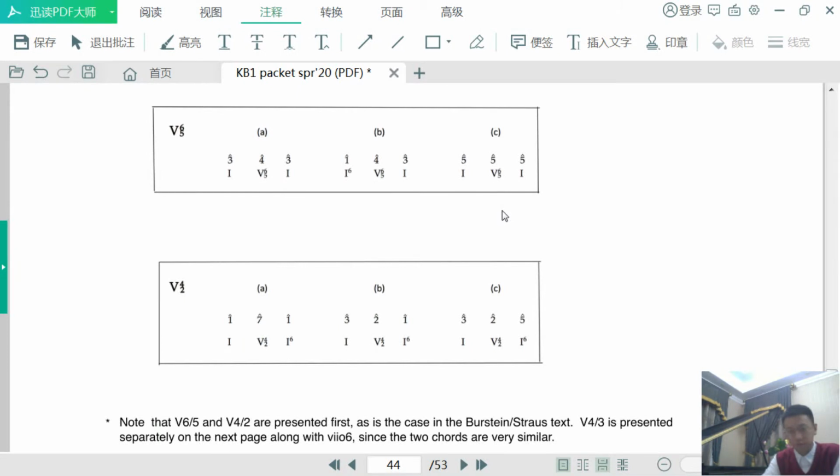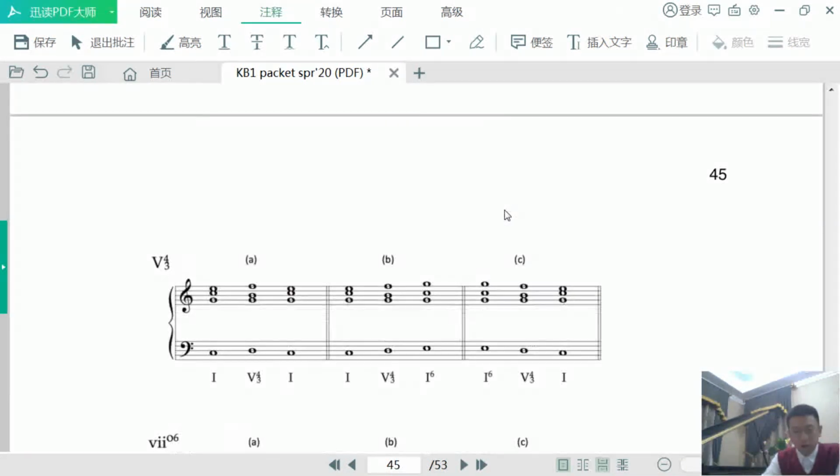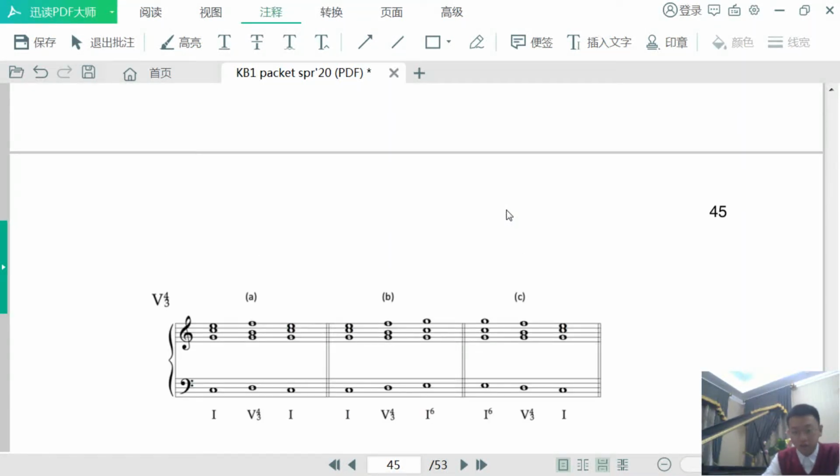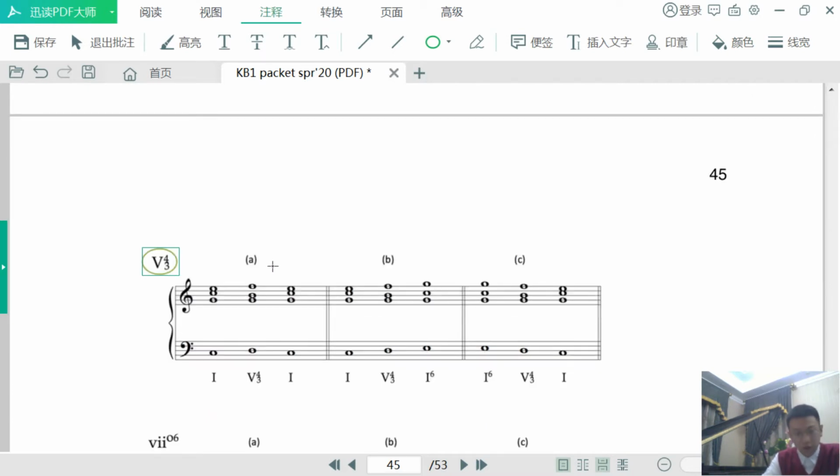I believe so. So now, let's go to the hardest one, which is 5-4-3. Some of you, I think, know a little bit about 5-4-3. First, let's go over section A, which is very normal. 1, 5-4-3 to 1.